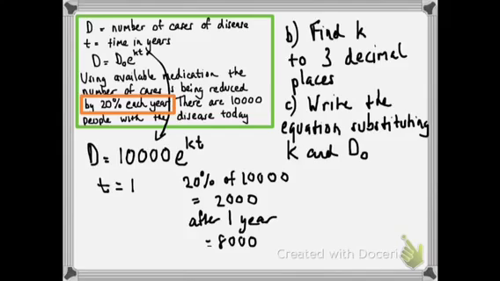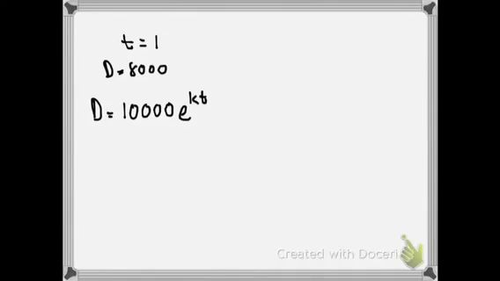In other words, when t equals 1, the number of people with the disease will be 8,000. We can use that piece of information. So D equals 10,000 e to the power of kt, and we go 8,000 equals 10,000 e to the power of k times 1.